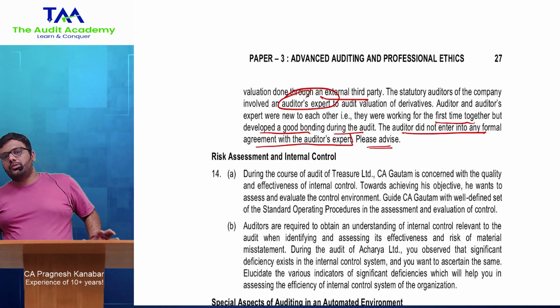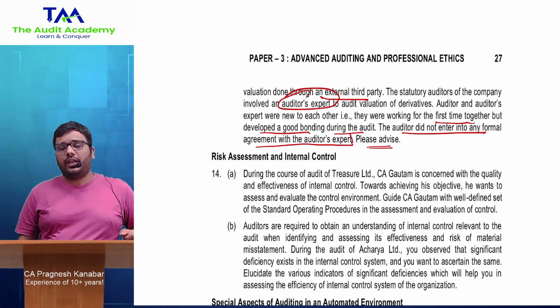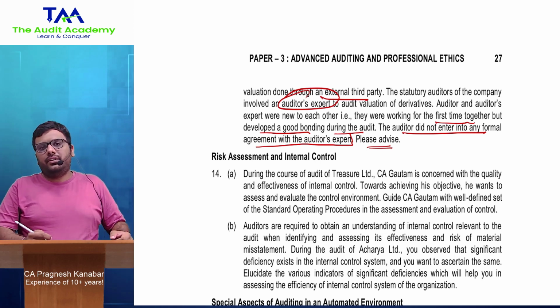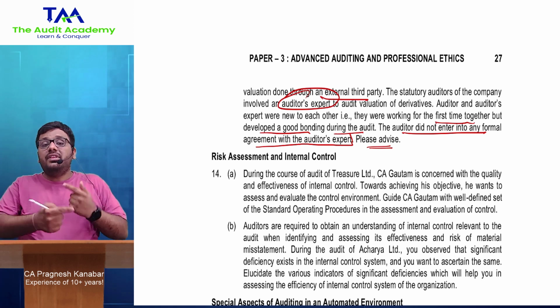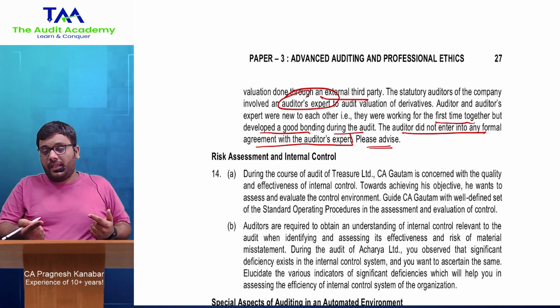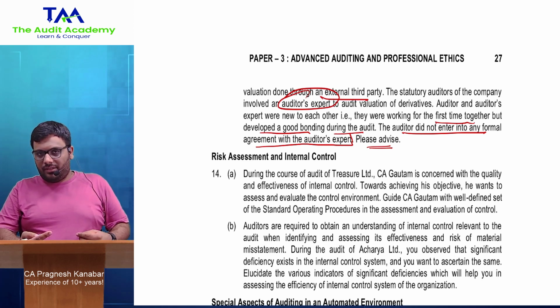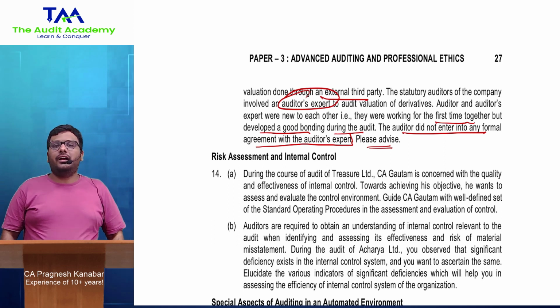Now when I teach SA 620, Using the Work of an Auditor's Expert, there is a very clear discussion about the contract with that expert. In that I discuss two things: what should be included in the contract with the expert, and why there is a need for a detailed contract. When you don't have any past experience, when the matter is sensitive, complex, of high risk, when you need detailed evidence, when you need clarity in the scope, then obviously you need a detailed agreement.